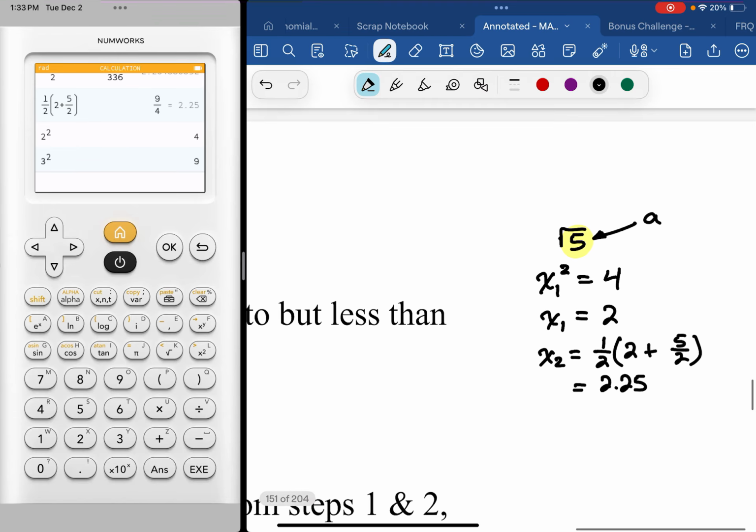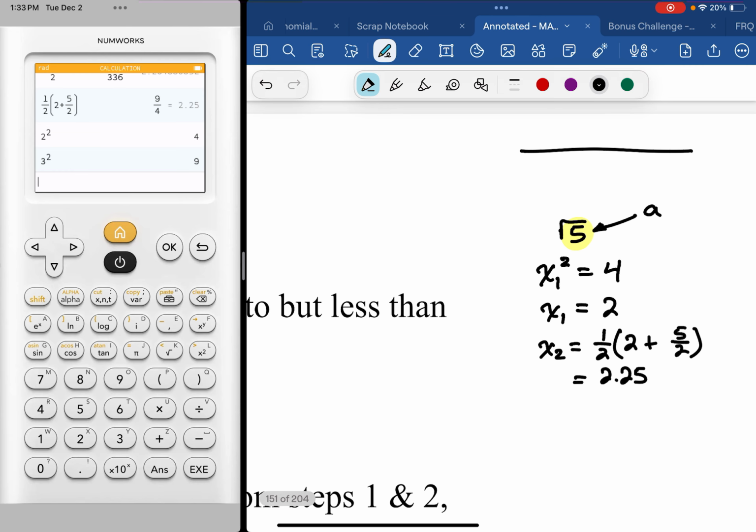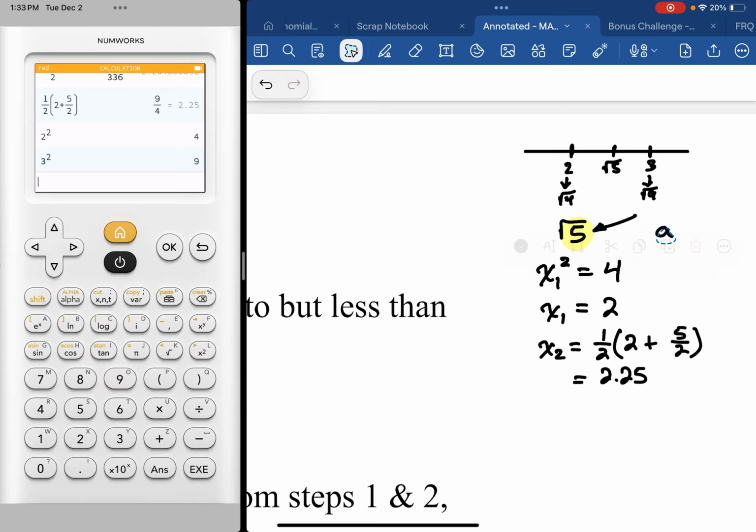Right, so I know that if I had a number line here, I would have a radical 5 somewhere between 2 and 3. Right, and again, that's because radical 4 is equal to 2, and radical 9 is equal to 3, and radical 5 is between radical 4 and radical 9.